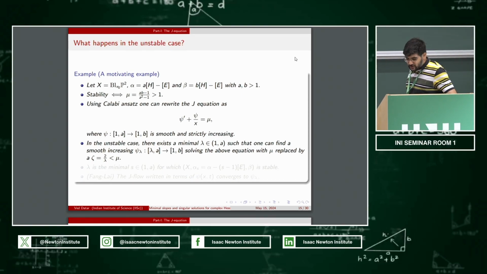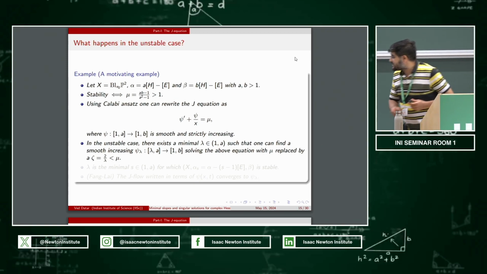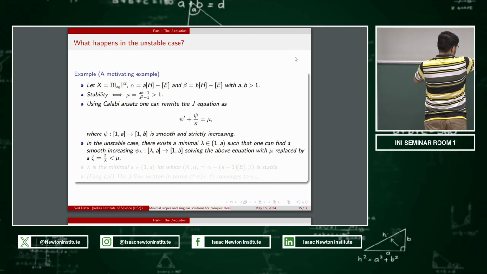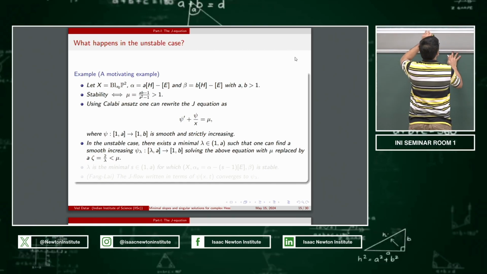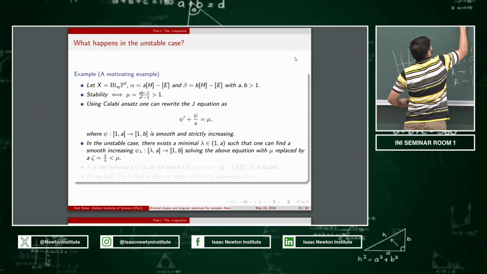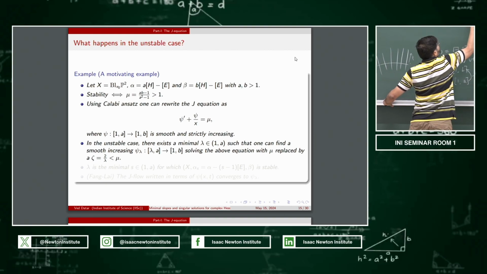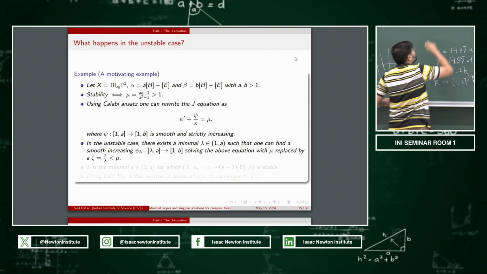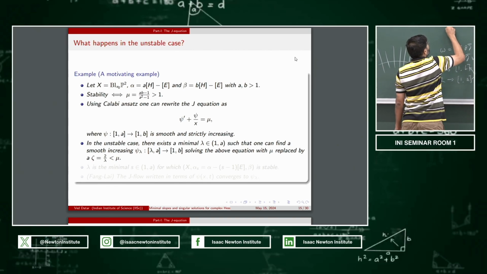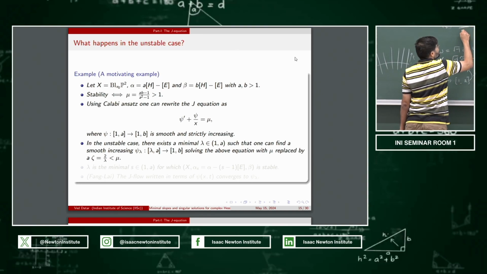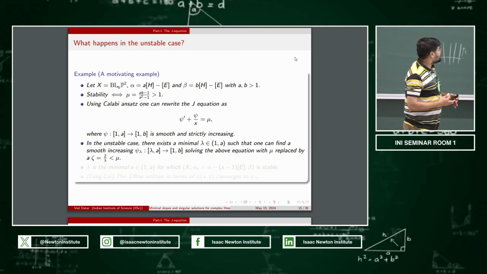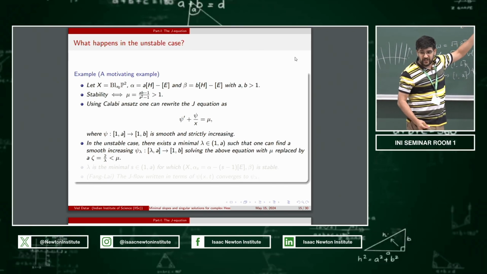It turns out that in the unstable case, instead of looking at the whole interval, I wrote on the wrong board. Anyway, that's fine. Instead of looking at the whole interval, you have to look at a slightly smaller interval, and look for strictly increasing functions from a slightly smaller interval into 1b, solving the same equation, except now, of course, when you integrate both sides, the constant will change because the boundary conditions have changed.